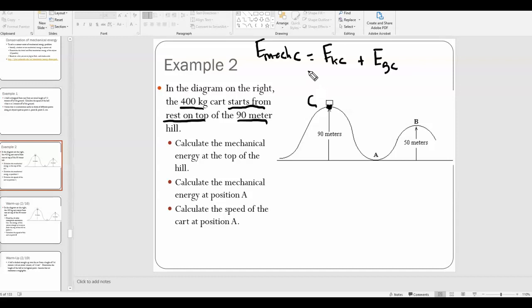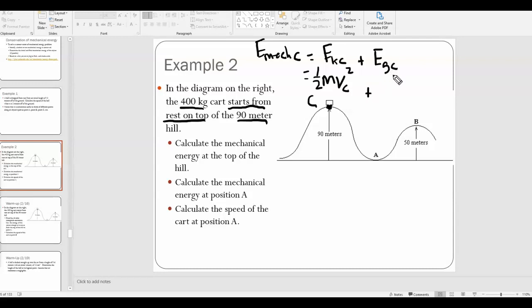Now, I can expand this out because I know the equations for both of these quantities. Kinetic energy is 1/2 mv squared. Okay, so the kinetic energy at C would be 1/2 times m times vC squared, where m is the mass and vC is the speed of the cart at point C, at the top of the 90-meter hill.